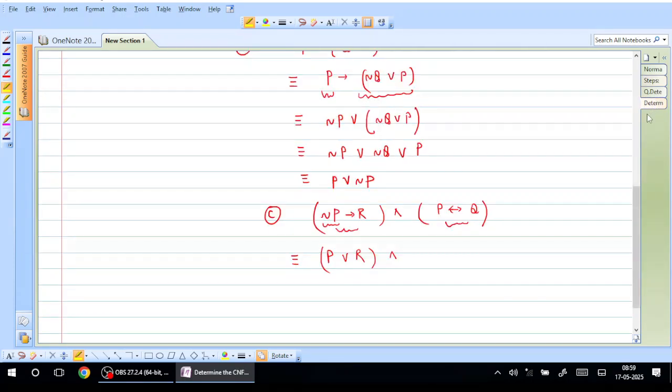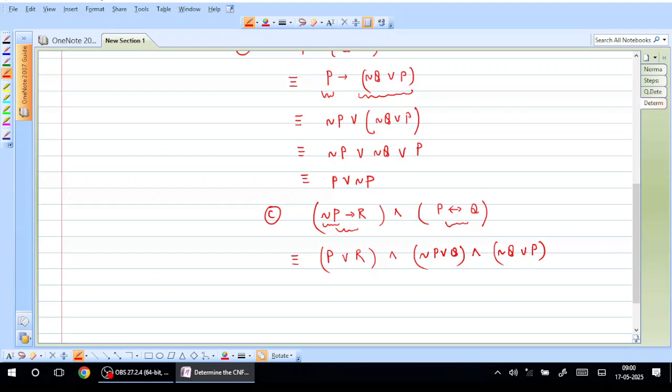With this it is negation of P join Q, meet negation of Q join P. So you can see you have got the required conversion.